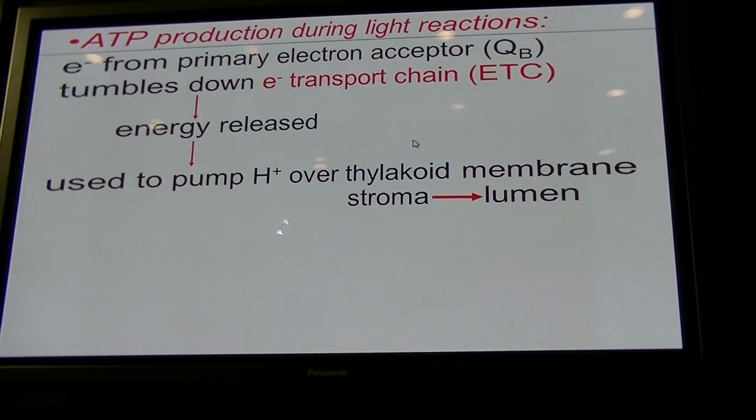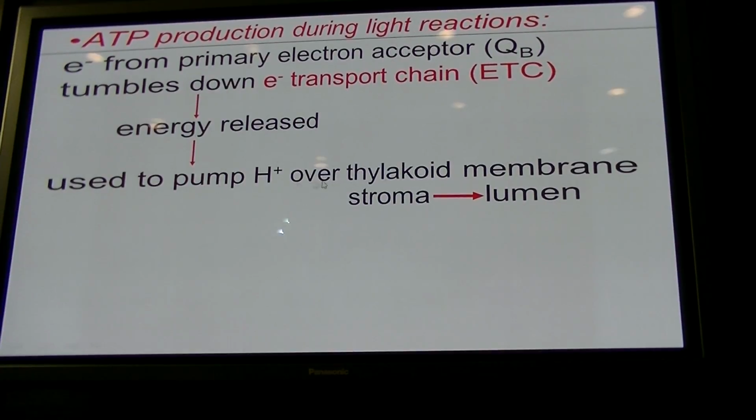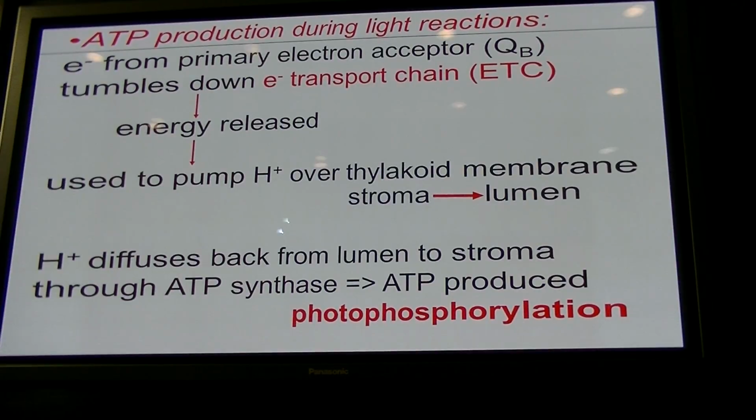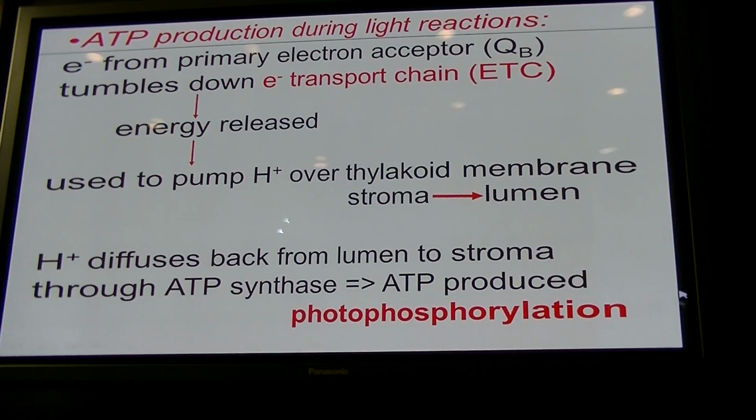Energy is released at the B6F complex. So that energy is used to pump protons over the thylakoid membrane. The direction of proton pumping is from the stroma into the thylakoid lumen. The protons can diffuse back via the ATP synthase, and in that way ATP is formed.